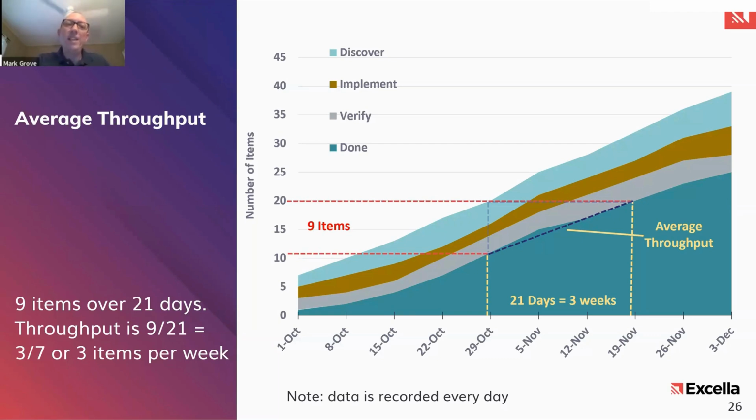As you can see in the bottom left over here, what we're saying for a throughput is we had 9 items over 21 days. That's a throughput of 9 over 21, or 3 over 7, or about 3 items per week. The slope of that done line is showing us that this particular team is completing about 3 items every week. And whether that's good or bad, we don't know yet, at least, but we know that that is what the case is.